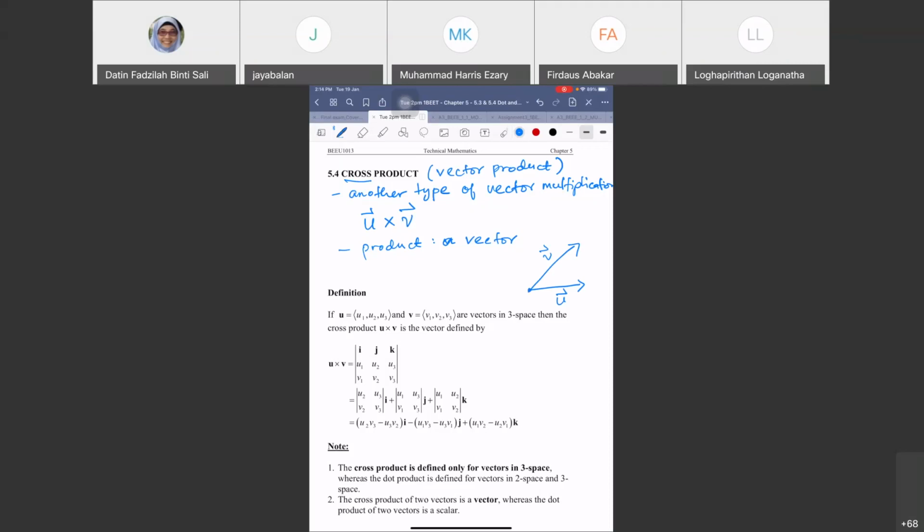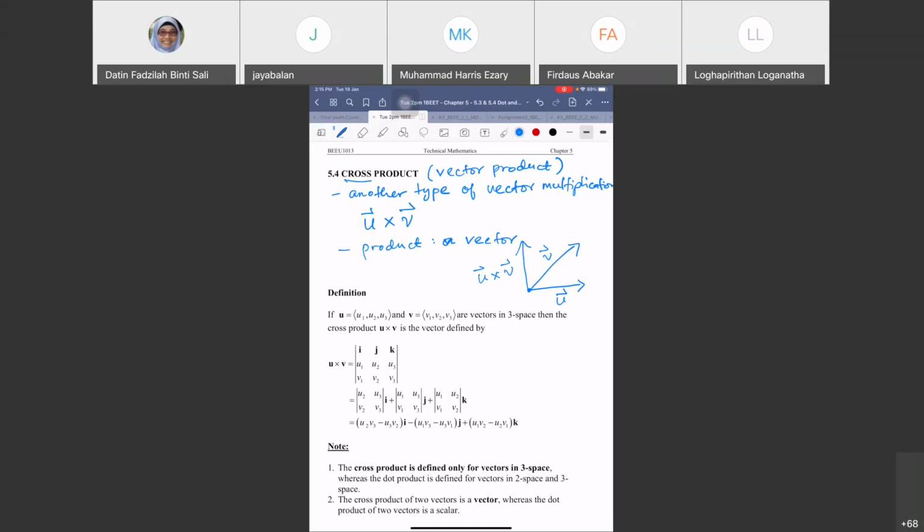The product is a vector pointing upward like this, that is u cross v. It can also point in the downward direction, and in that case, instead of u cross v, it will be v cross u.